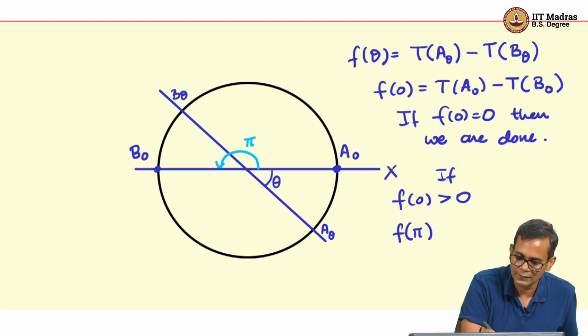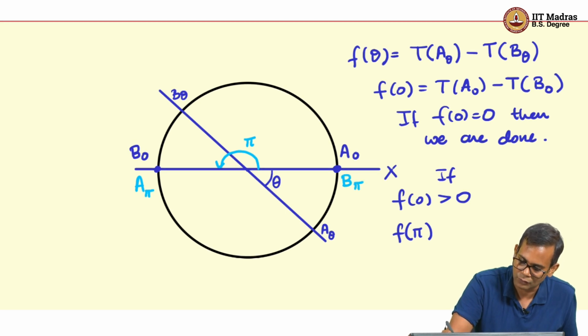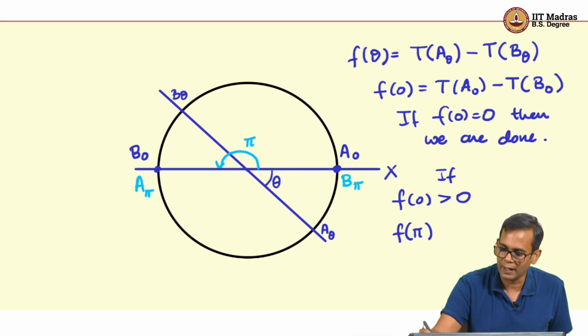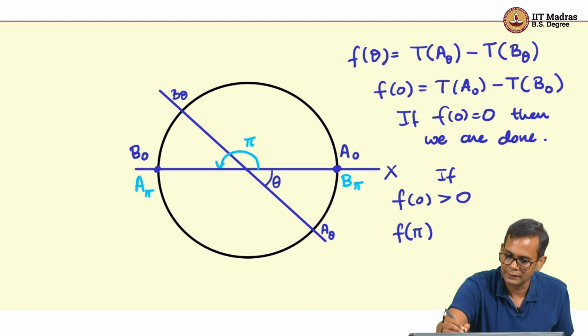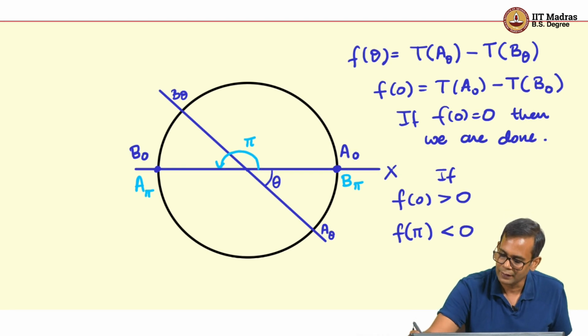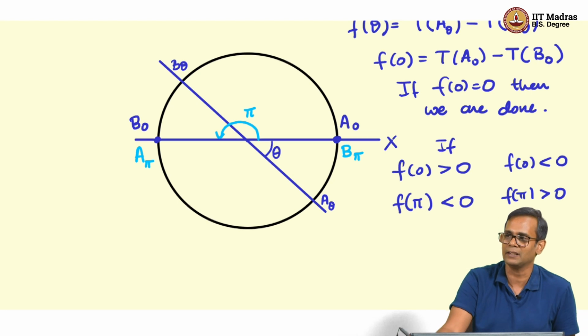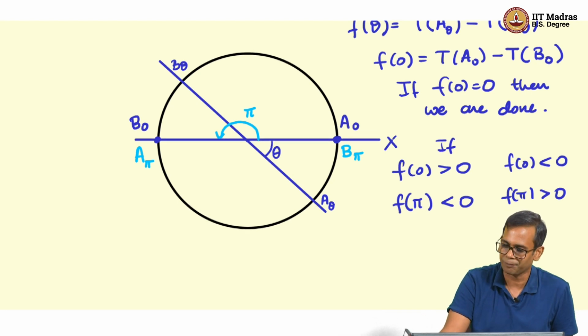And what happens is that A and B get interchanged. So, A pi is over here and B pi is over here. So, f of pi is going to be less than 0. Similarly, if f of 0 is less than 0, then f of pi is going to be greater than 0, simply because f of pi is the negative of f of 0.